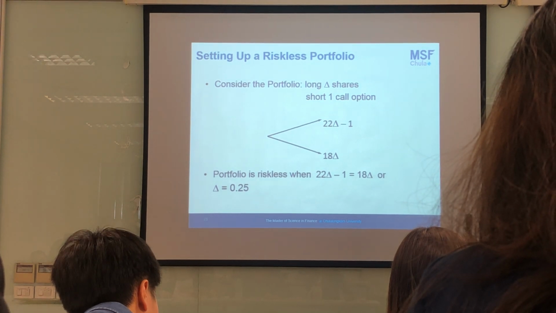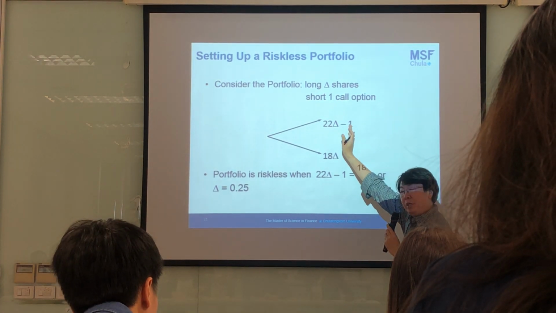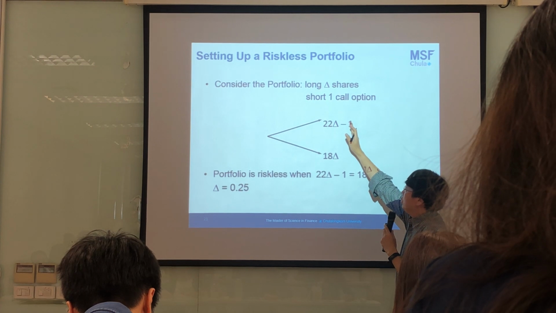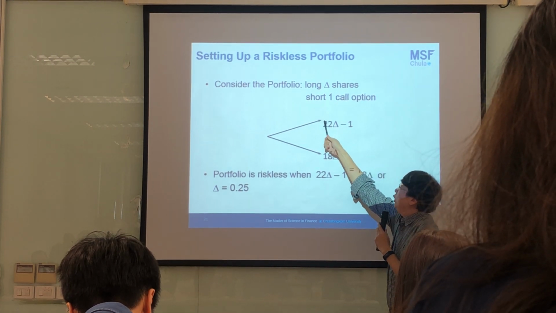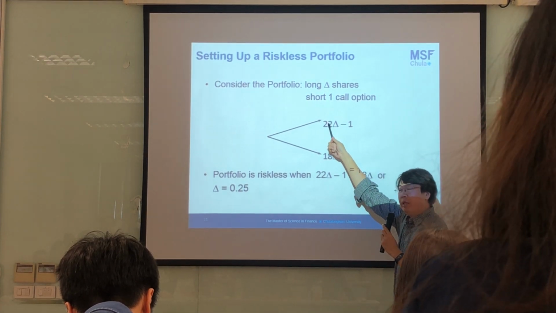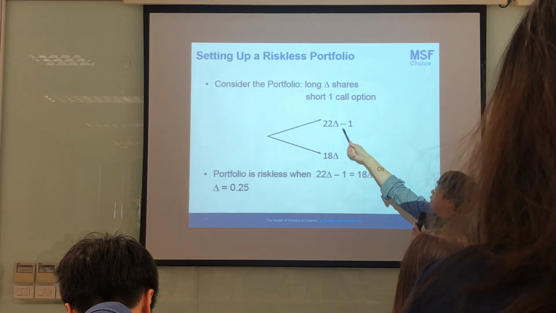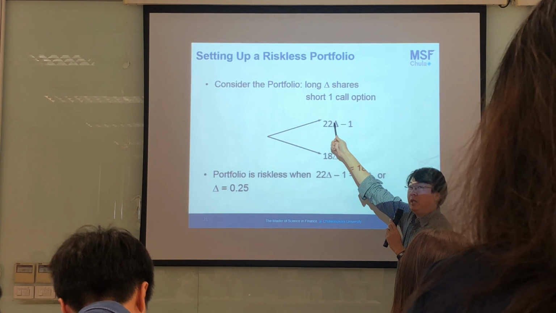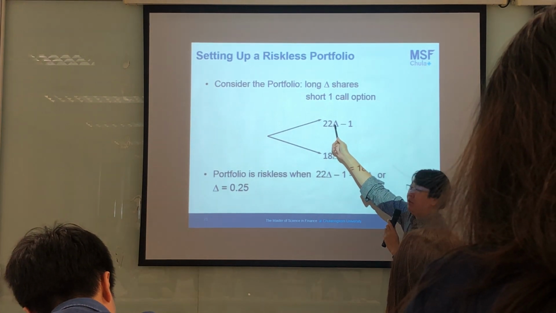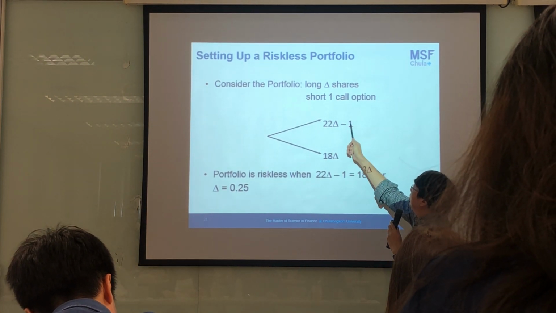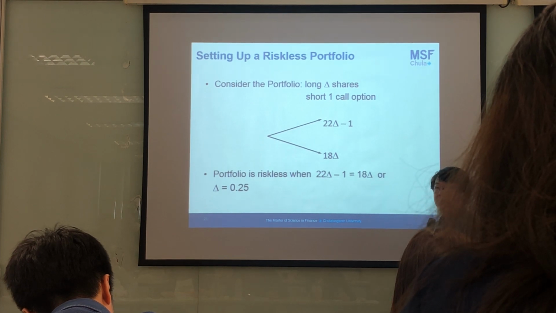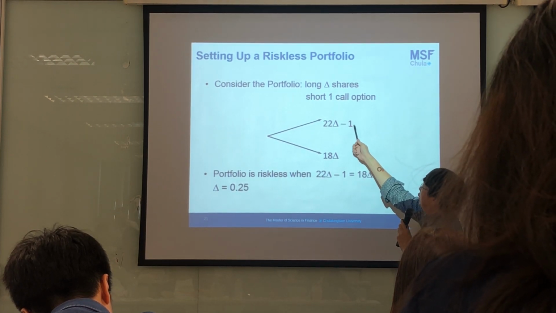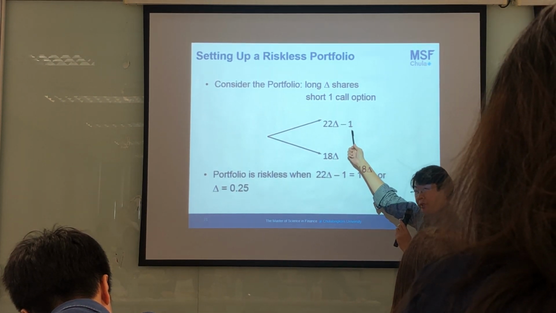Okay, so your portfolio at maturity, when the value of the stock is 22, the value of your portfolio would be equal to 22 multiplied by the number of shares in your portfolio. This is the unknown delta, minus 1. This one is the value of the call when the stock equals 22.